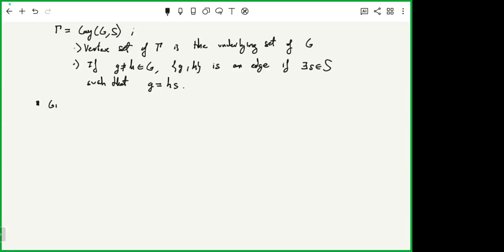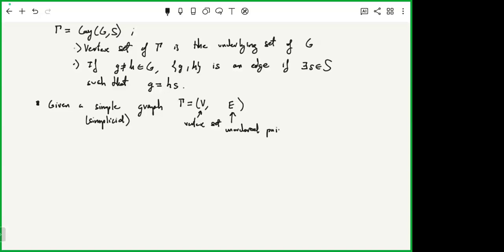Given a simple, or simplicial, graph gamma, where V is the vertex set and the set of edges consists of unordered pairs, so the edges have no direction, we can consider a distance on the vertex set of gamma.